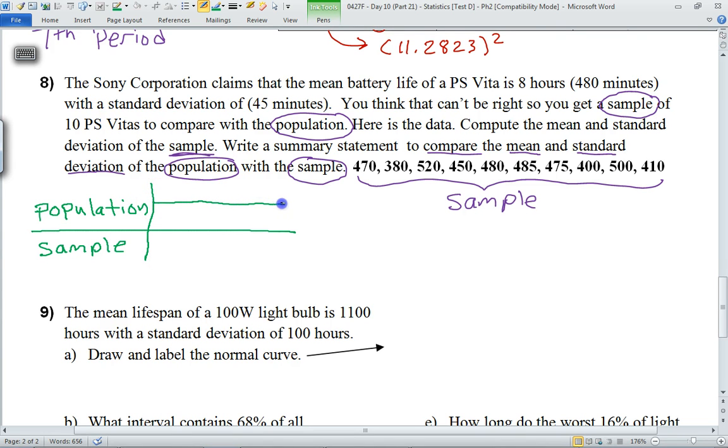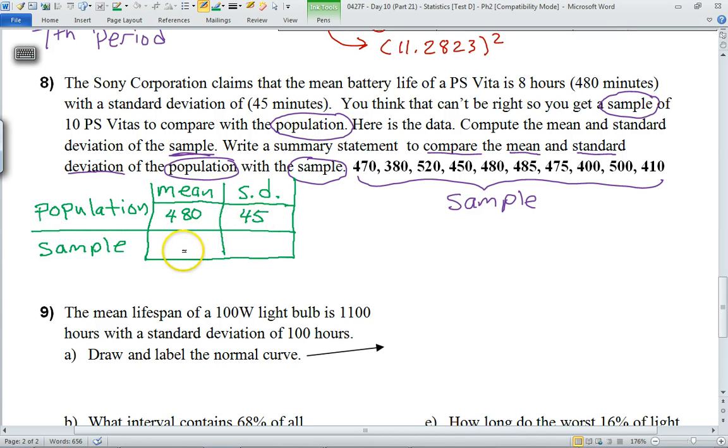Now, the population had a mean and it had a standard deviation. Let's look back and see what it said. Sony Corporation claims that the mean battery life was 480 minutes. So population mean 480 minutes of battery life with a standard deviation of 45 minutes.